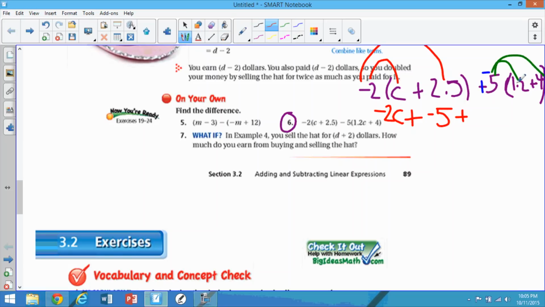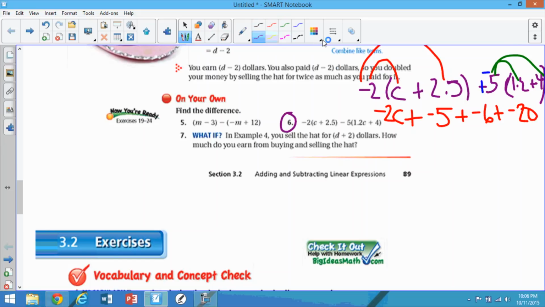So -5 times 1.2 is 6, but it's a negative times a positive, so it's going to be a -6c plus, and then a -5 times 4 is a -20.